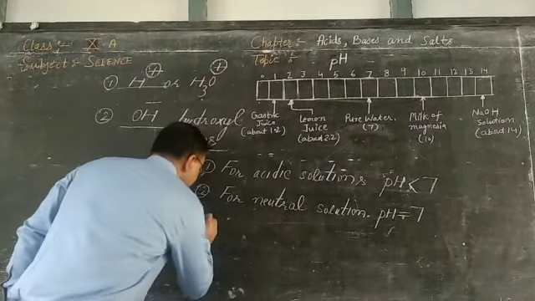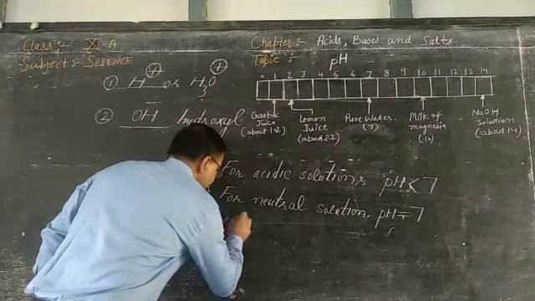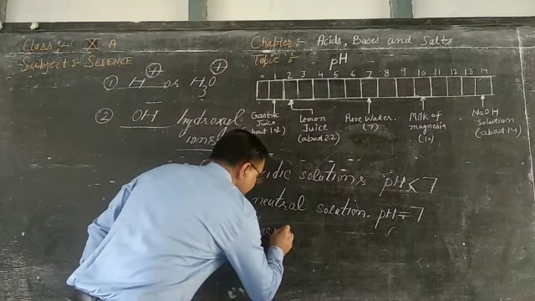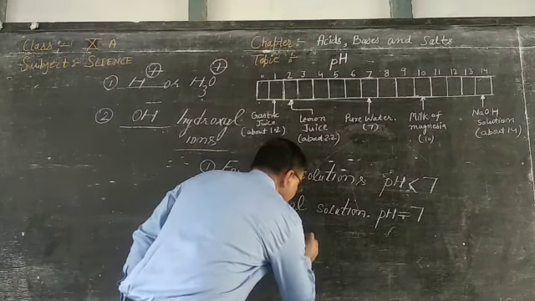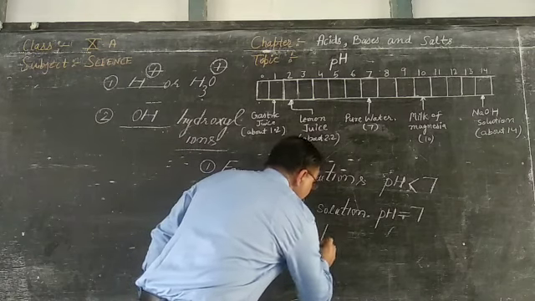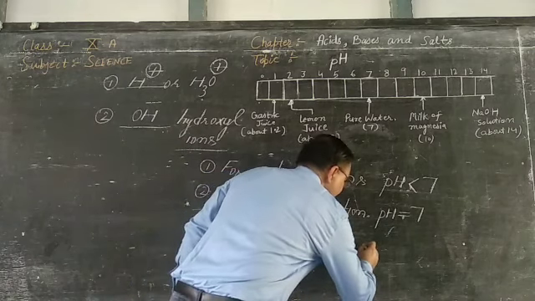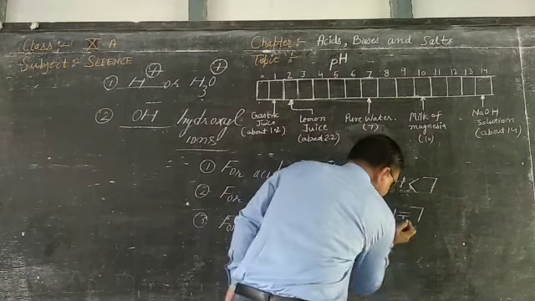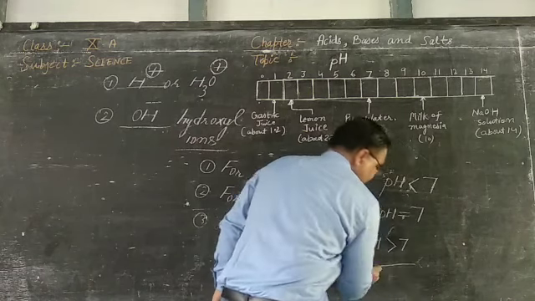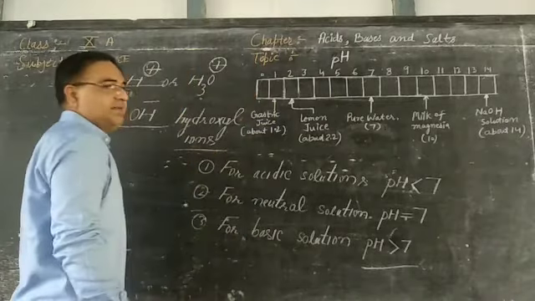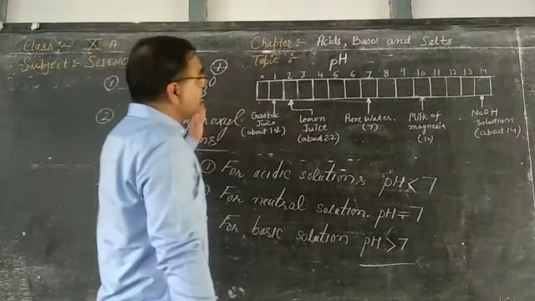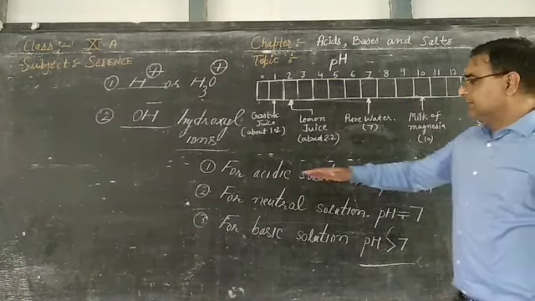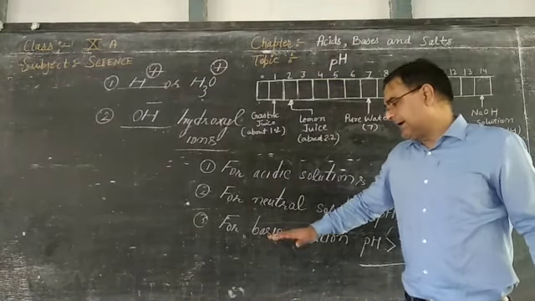And for basic solution, pH is greater than 7. So, according to the pH scale, there are three types of solution: acidic, neutral and basic.